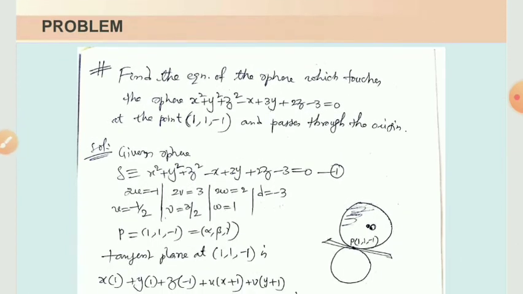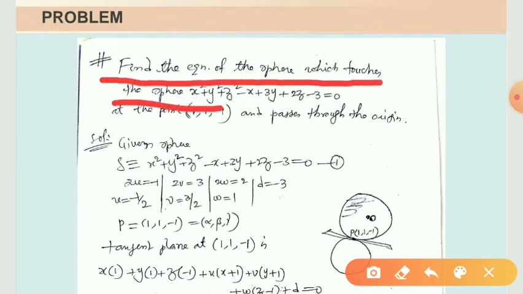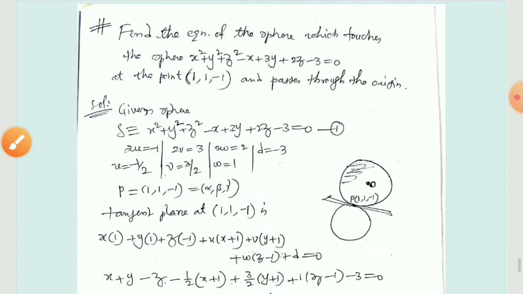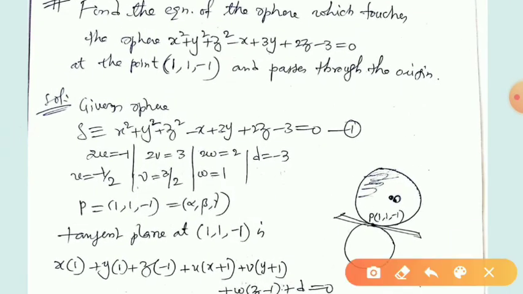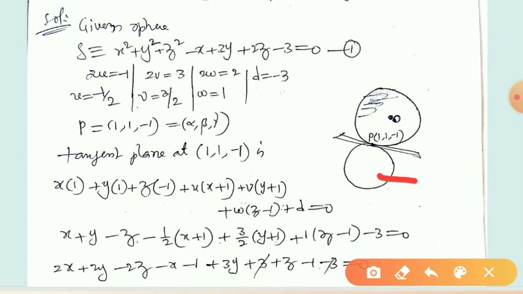So, next problem. Find the equation of the sphere which touches the given sphere at the point 1, 1, minus 1 and passes through the origin. So, here what we have to do? Here the equation of the sphere is given like this and the point 1, 1, minus 1 lies on the sphere.